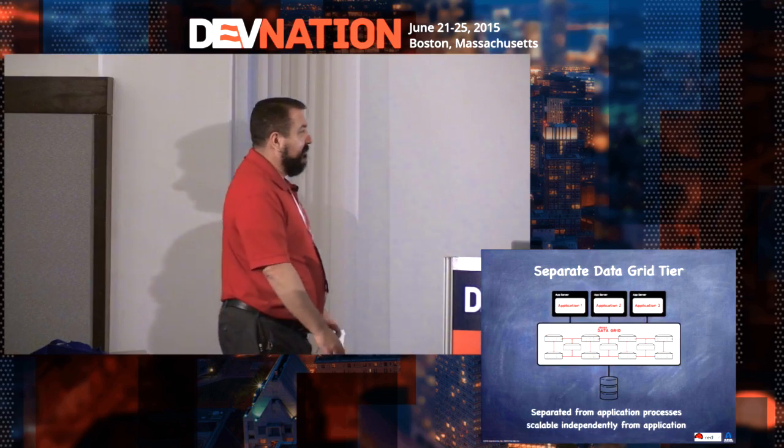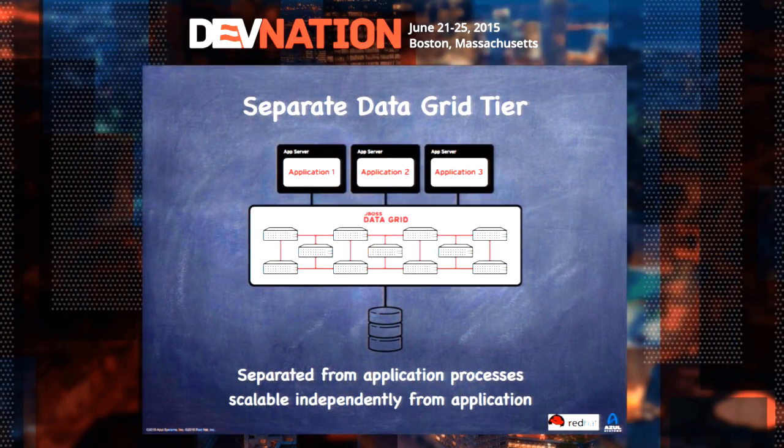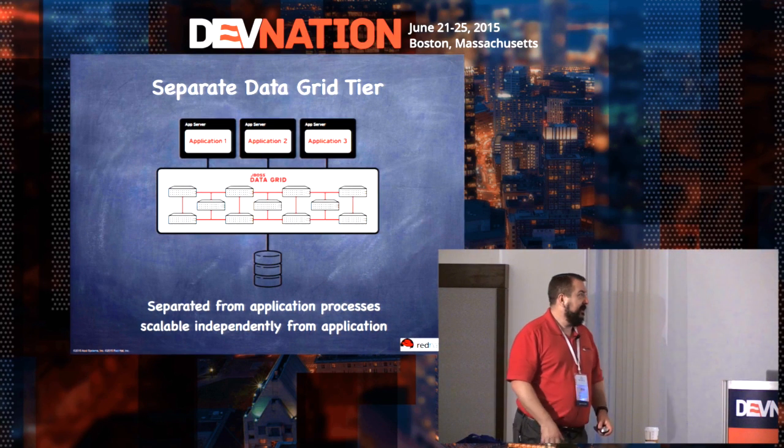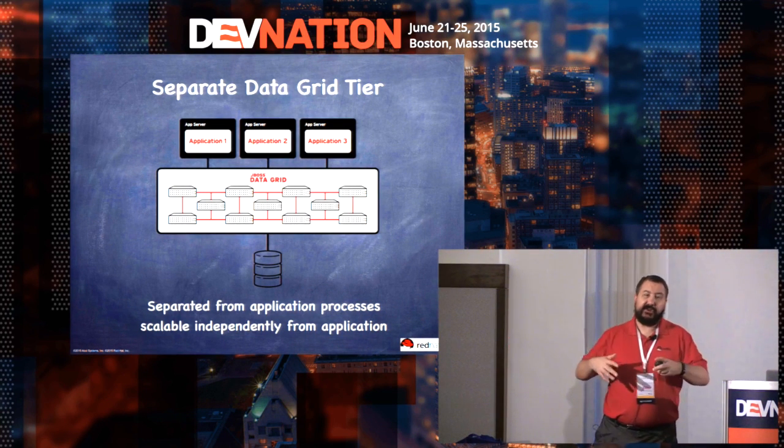And then finally, the ultimate of how to scale to really, really large volumes, that's where we look at a separate data grid tier. If you understand this idea of a data grid, it's an in-memory cache, and as Gil was saying, we have to strike this balance between how much memory we want being managed by a machine, and how many copies or how many shards, if you will.